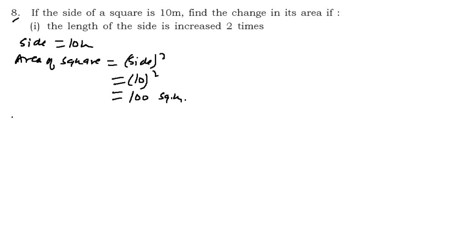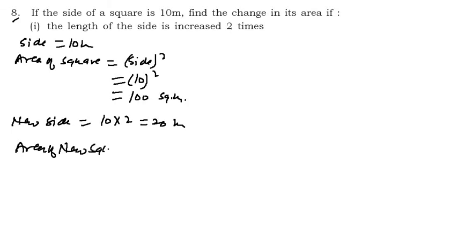Now a new side is 2 times increased. So 10 into 2, that is 20 meter. So the area of the new square will be side square, that is 20 square.